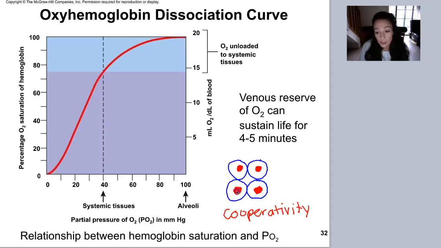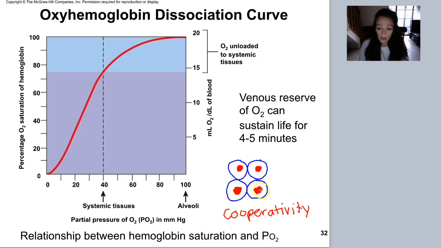that will greatly increase the affinity of the 4th subunit to bind oxygen. So what happens here is that instead of each of these subunits on their own having the same likelihood to bind oxygen, one after another, once one binds, the other has an even higher likelihood of binding oxygen. Once 2 are bound with oxygen, the 3rd has an even higher affinity for oxygen.